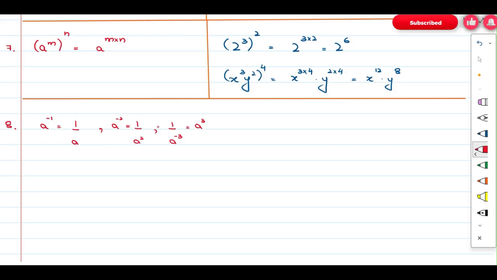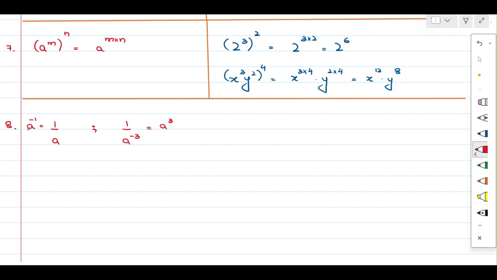The reciprocal, basically, we do the reciprocals. Okay, I wrote it in the simplified form that if you have a to the power negative number, then we do the reciprocal. A to the power minus 1 is 1 over a to the power 1. Or if in the denominator, in the reciprocal, you have a negative power, you shift that power number to the numerator to make it positive power, right?